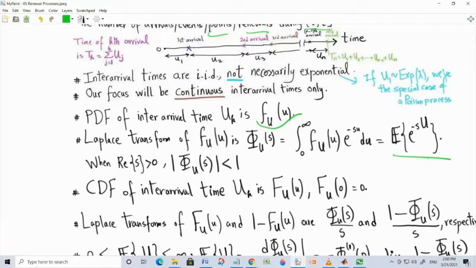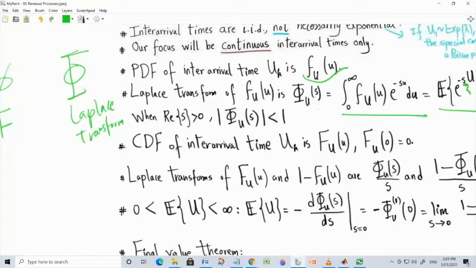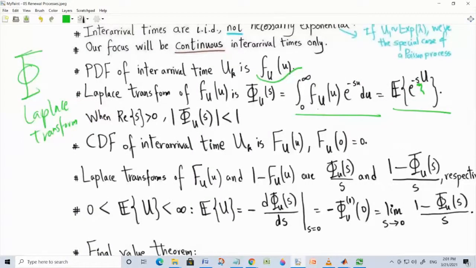Because our random variables here are continuous, this is the expectation written in terms of the PDF. Now, you can see easily that if you choose the real part of this parameter s to be strictly positive, then the magnitude of the Laplace transform, denoted here by big phi, will be less than 1. In this course, small phi is the characteristic function, but this is the Laplace transform.